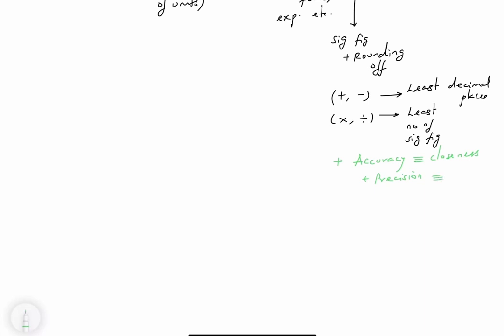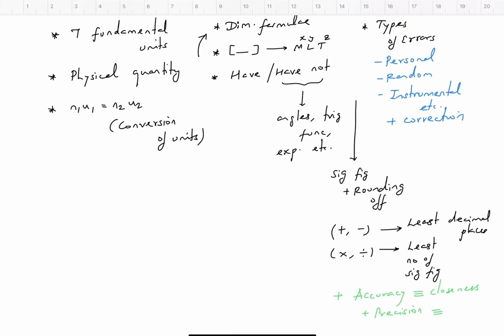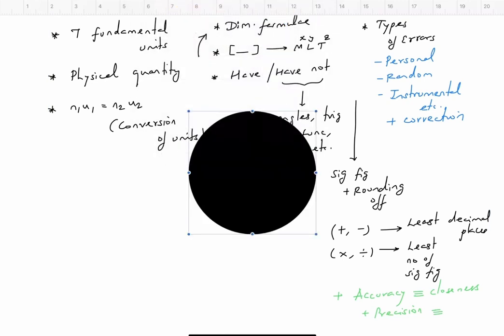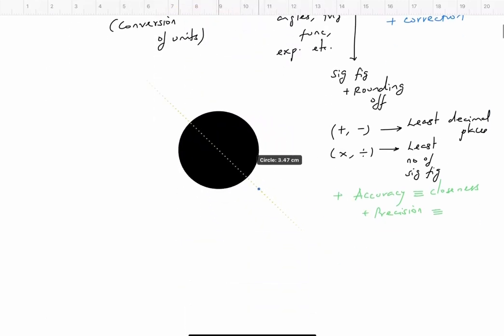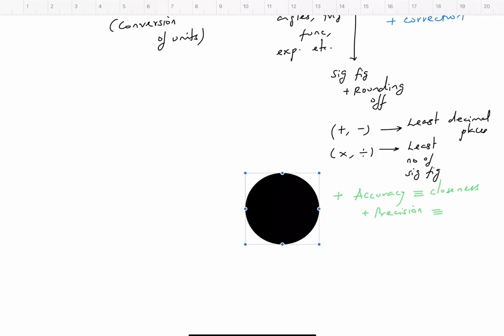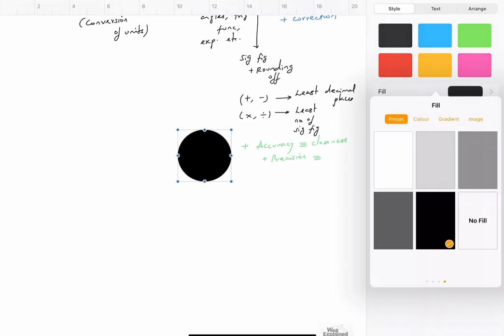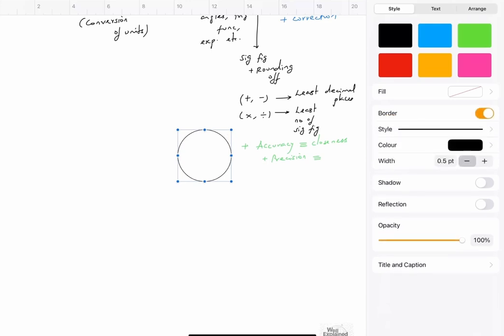to give you an example, you have a dartboard. Let me take a dartboard. Let's say you have a board like this. Let's color it white, fill it here, give it a border.